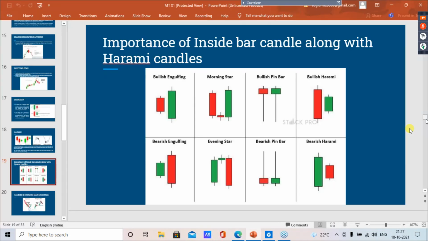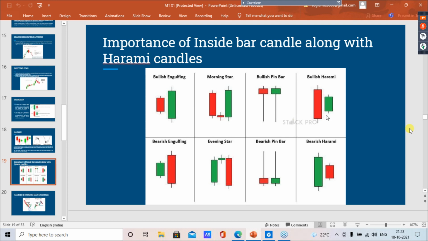The first point for bullish Harami is that it is a reversal pattern. Second condition, it has to be an inside bar.